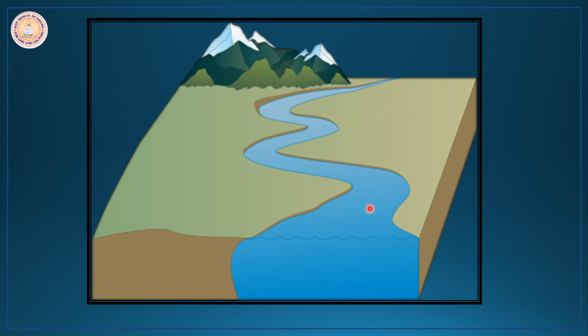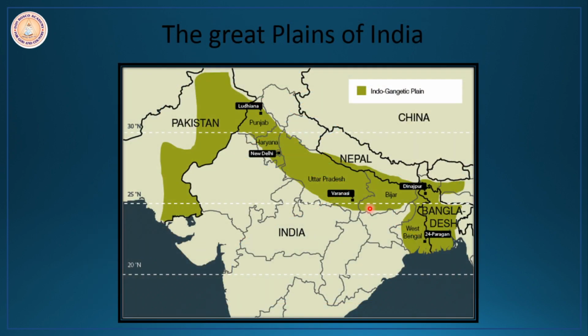The Great Plain of northern India, you can see on the map of India, the Great Plains of northern India, which is also known as the Indo-Gangetic Plain, has an average elevation of about 200 meters. But near the delta, it is only about 6 to 10 meters above the sea level.